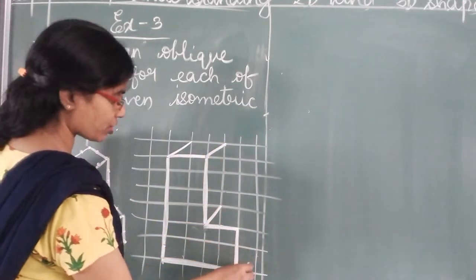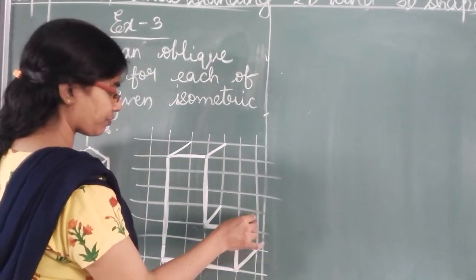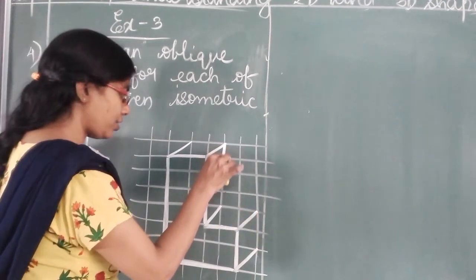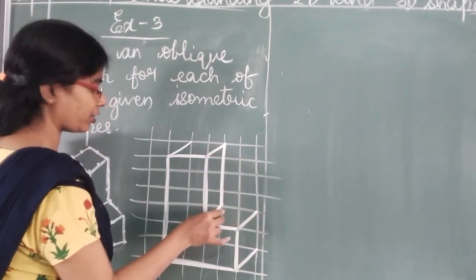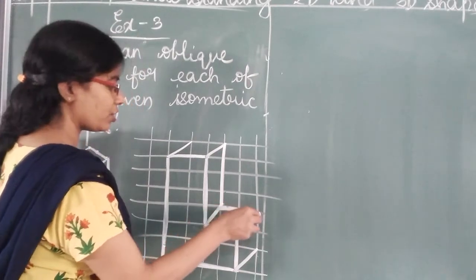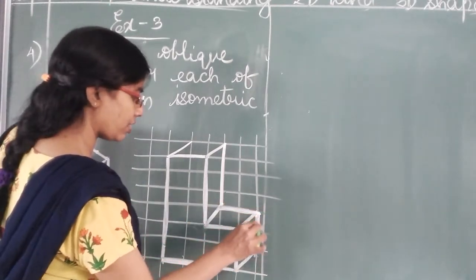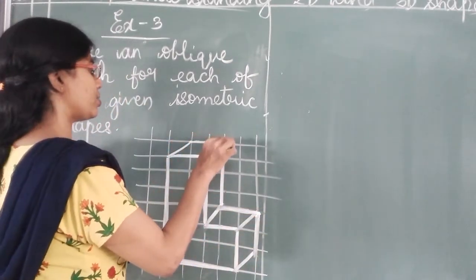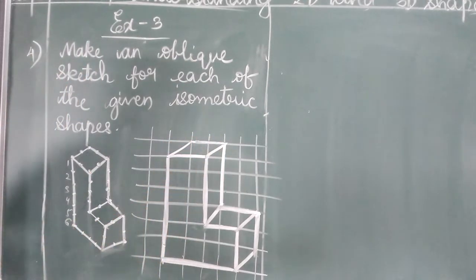Only for one box we are going to write and join all this, but we are going to write the measurements so that it is going to be the proper figure.